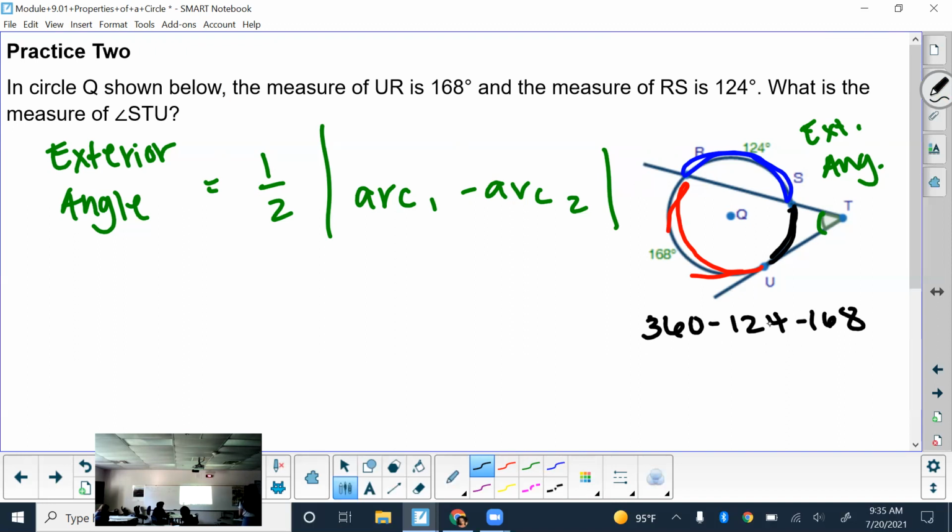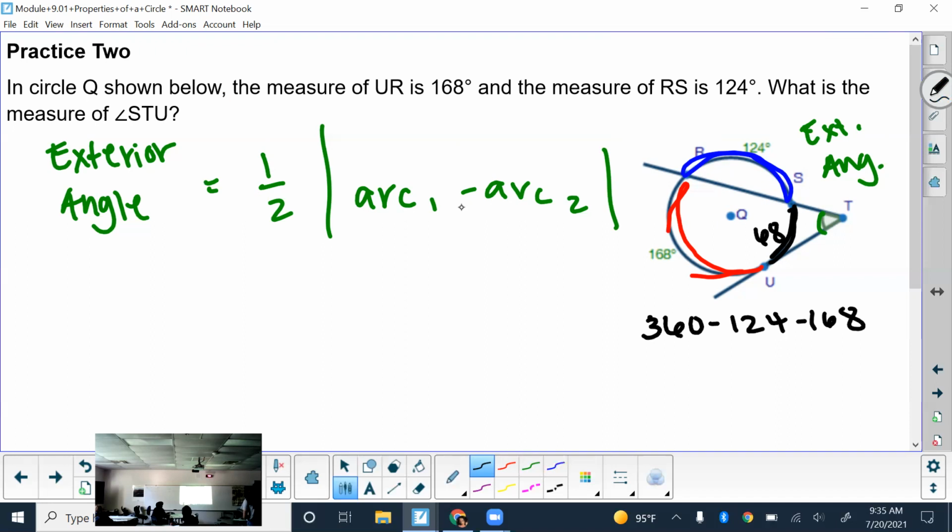I just put it like this in my calculator. And then, what's the missing arc? 68. So it's 68 and 168 that you're putting for your intersected arcs. Does that make sense?